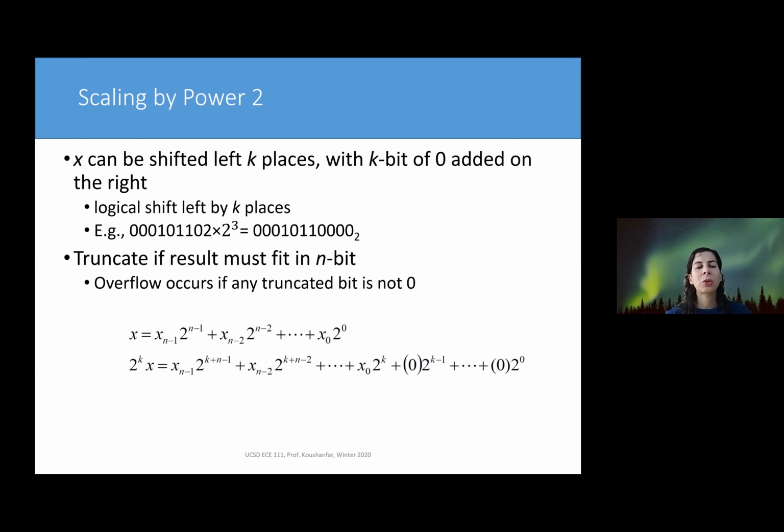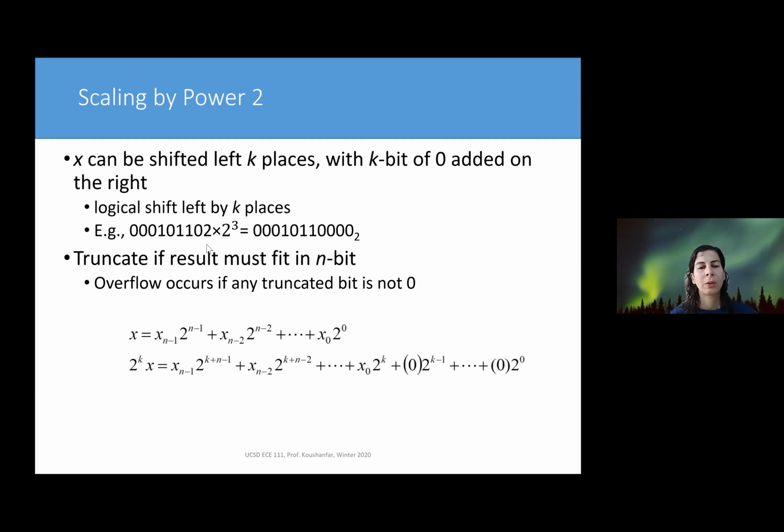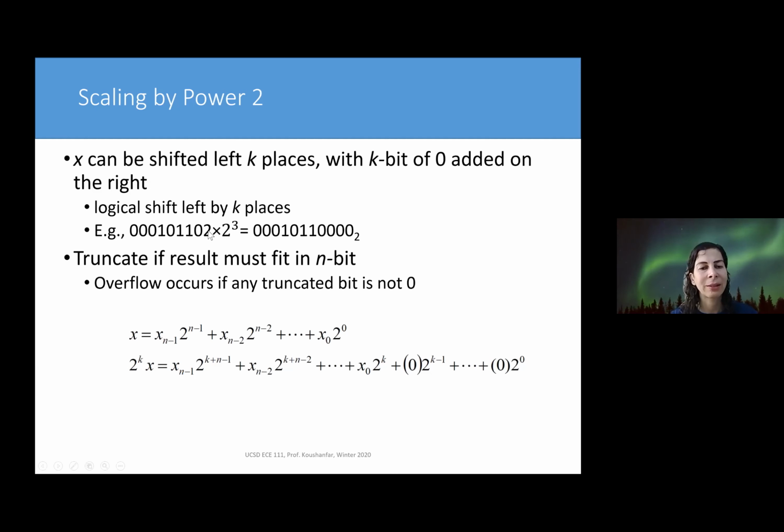So if we have, for example, this number which we are trying to multiply by 2 to the power 3, this is actually a base 2 number. I'm going to correct this in the slides. Ignore this 2 here.